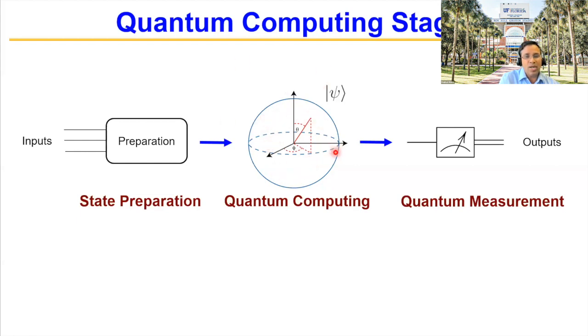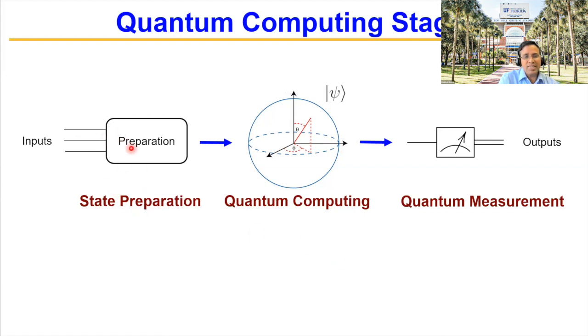So you want to program the qubit and prepare the state in a certain way so that when you compute and then measure, you actually get something meaningful that you know. In the context of a state machine, you want to start in a known state, a valid state, and then perform some computation, and then you can expect something to happen, assuming noise is under control.